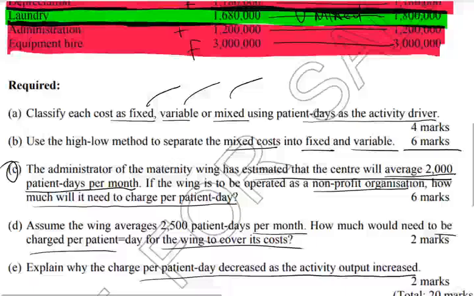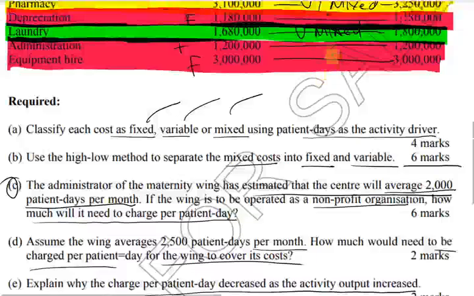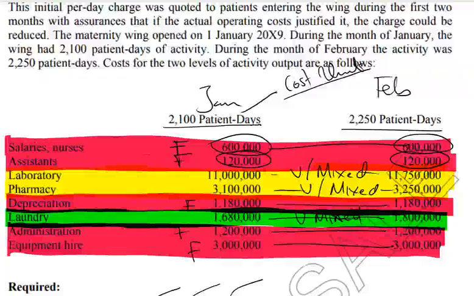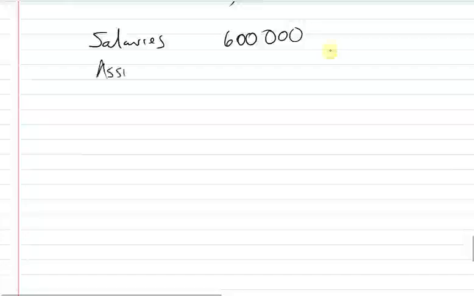So with fixed cost, let's just mark them there. So we have salaries, 600,000, which is a fixed cost. So you have assistant, 120.